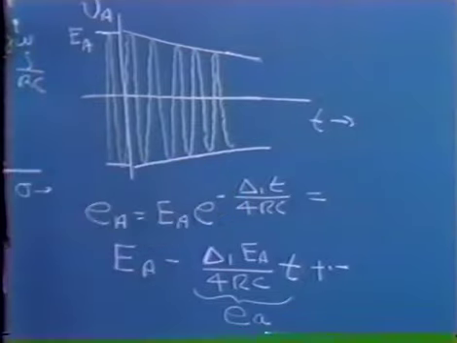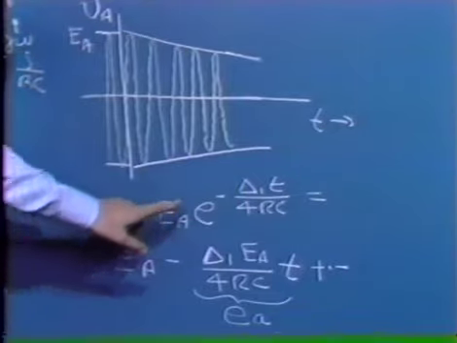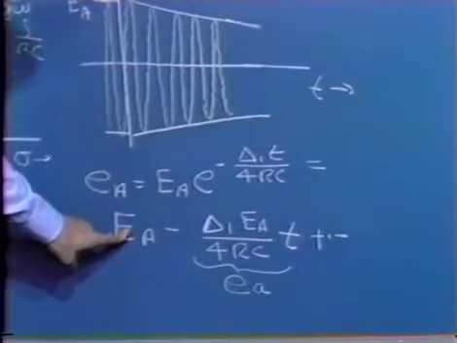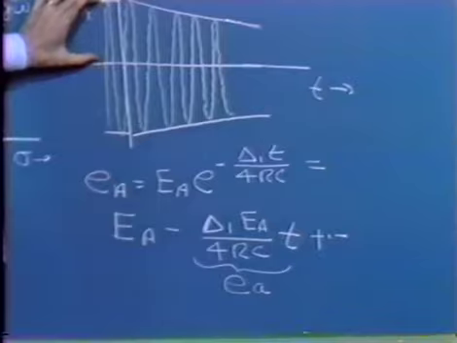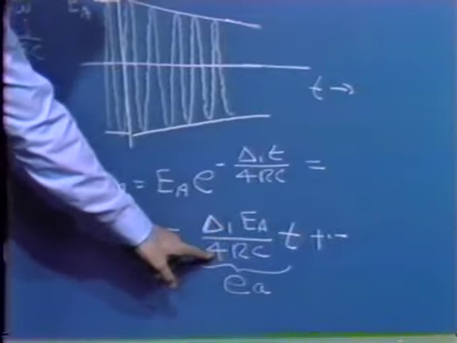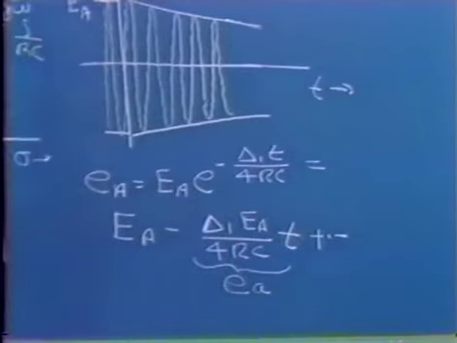Delta is a very, very small quantity. If we do that, we get the first two terms of this series being equal to capital E sub capital A, that's the initial amplitude, minus delta 1 EA over 4 RC times t, and then there's the quadratic term and all of that.